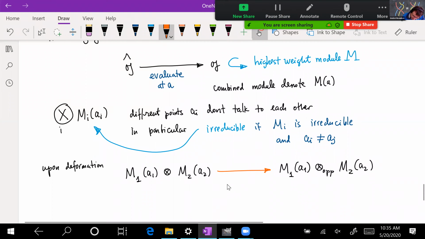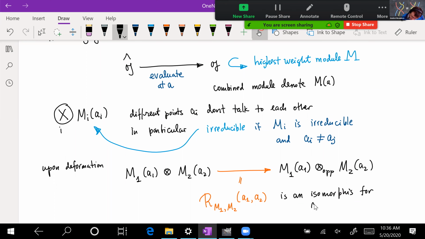So there exists an operator R matrix, which depends on these two modules and two variables a1 and a2, and is an isomorphism for a1 and a2 generic.